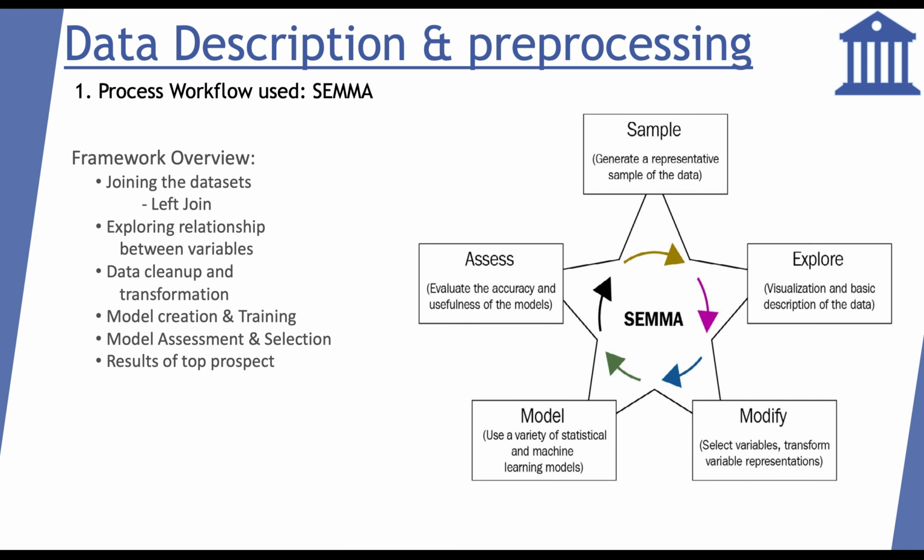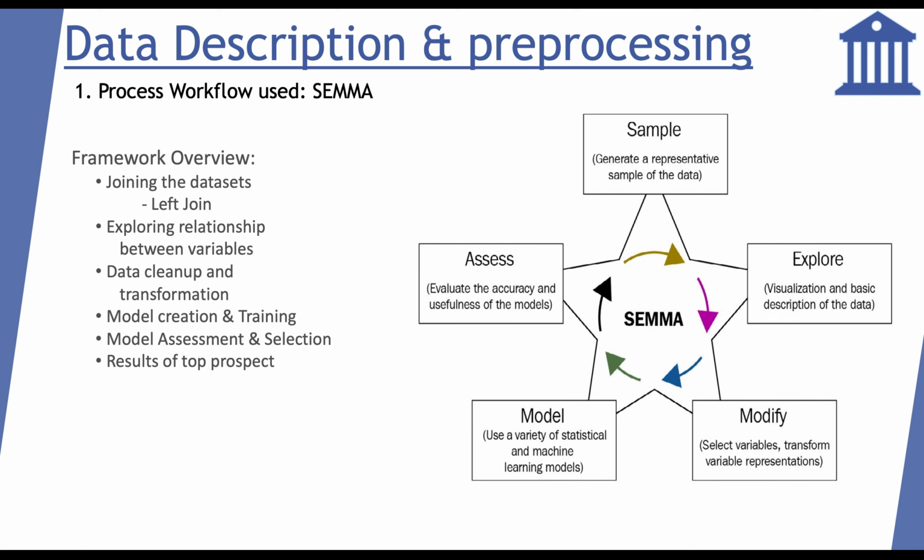We have used the SEMA framework for this process, and the first step is sampling. This is a circular workflow, but we'll go from the sample. Based on the data provided, we have created the data sets. We explored that data, and after the exploration, we identified and cleaned up the data.